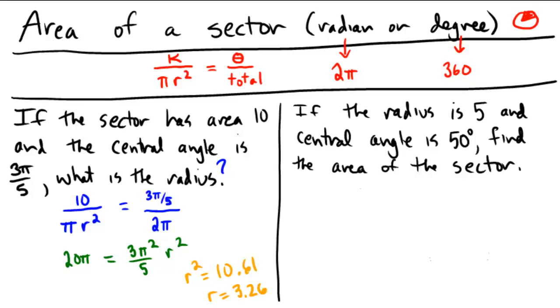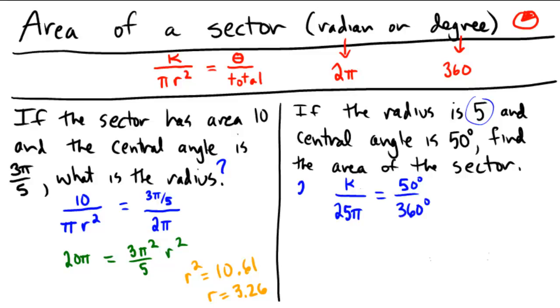Okay, on the right, let's see what happens. The radius is given as 5. We're looking for the area of the sector, so k over pi r squared, where radius is 5, is going to be 25 pi, equals, and the central angle is 50 degrees, so that means our bottom number this time is going to be 360 degrees, because this time we're in degree mode.